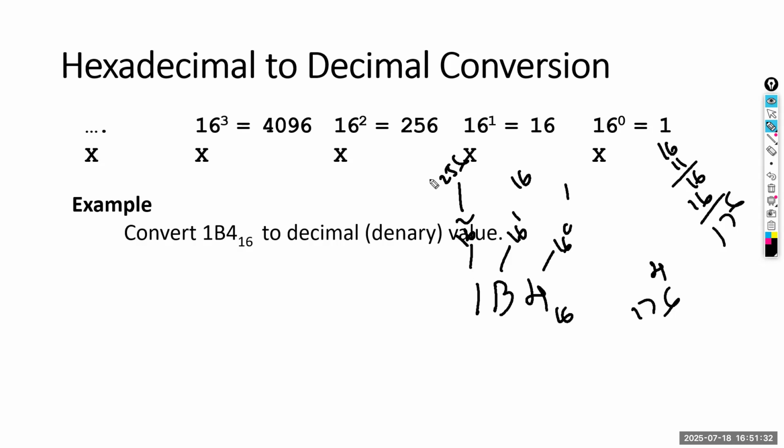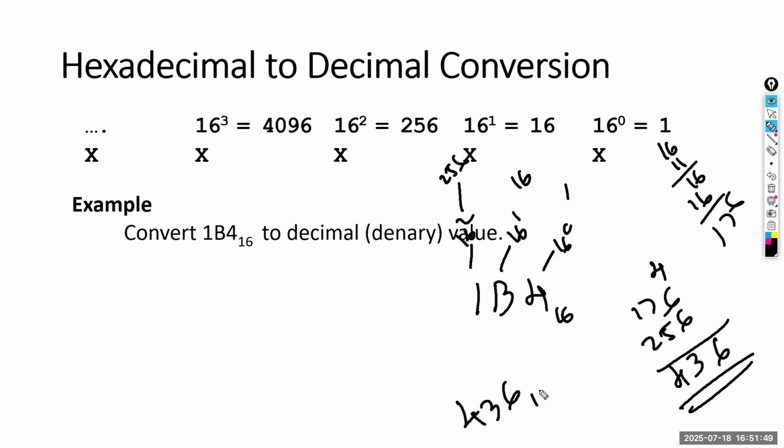And one 256, that is 256. 6 plus 4, 10. 10 plus 6, 16. 6 plus 7 is 13. 2 plus 1 is 3. 436. Now I can say 436 because it's base 10.